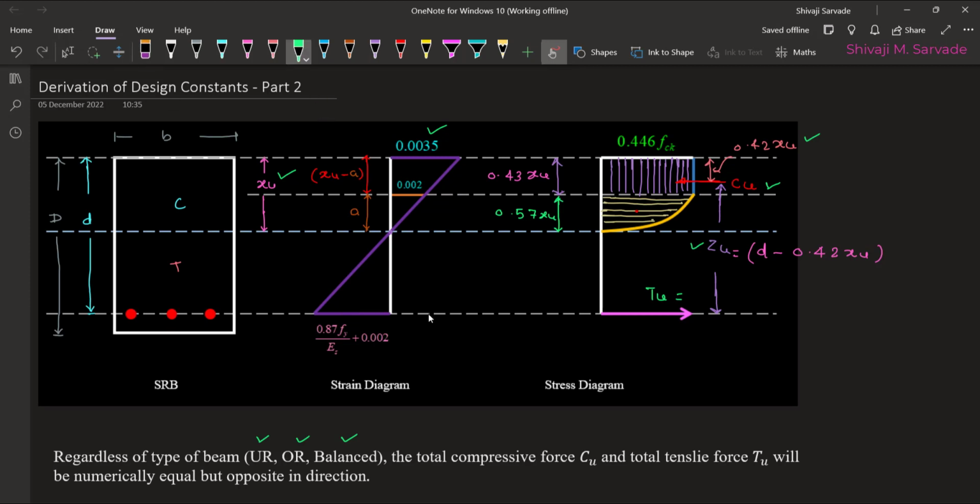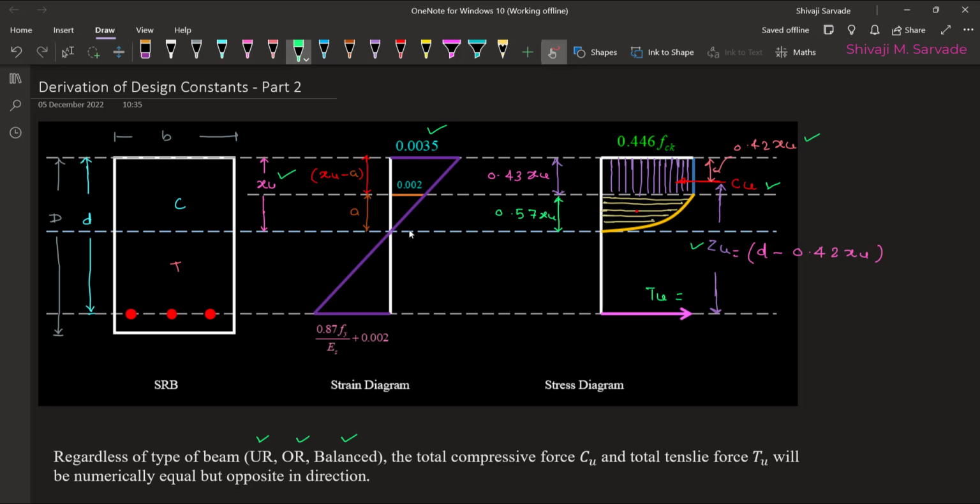So this gives us a very important insight into whether there would be a limiting value of xu up to which the strain would not exceed. Okay, so we must always avoid exceeding the strain, otherwise there would be a failure. So our strains must always be less than this or at the most equal to this.